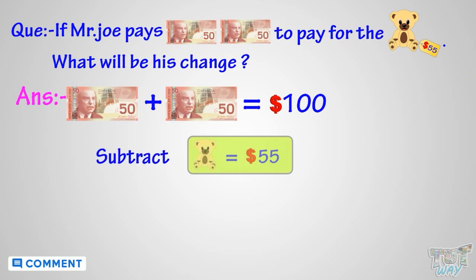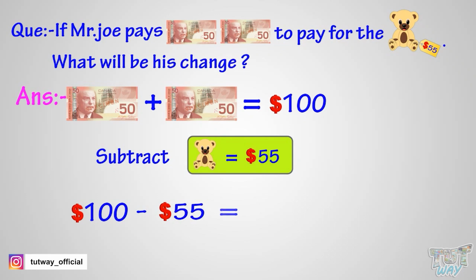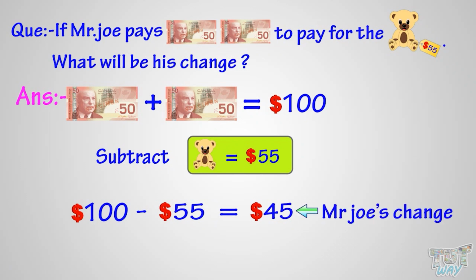Now, subtract cost of teddy from $100. $100 minus $55, we get $45. So, Mr. Joe's change will be $45.